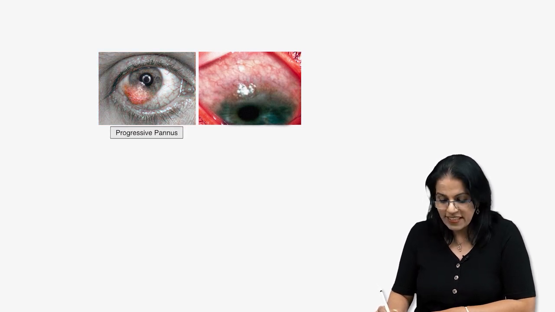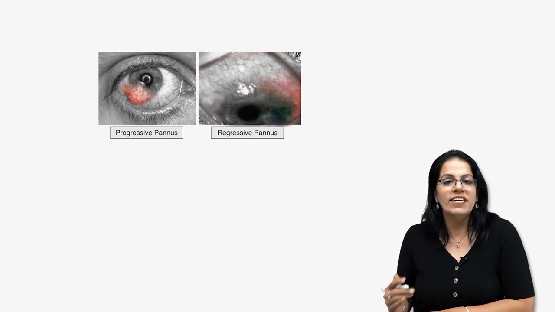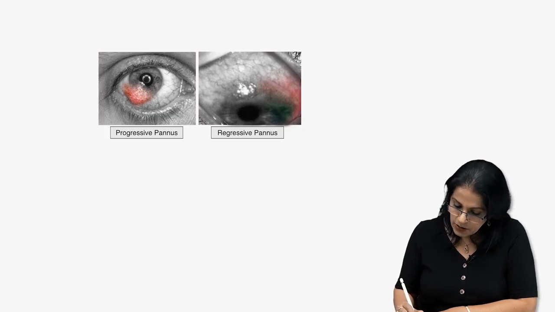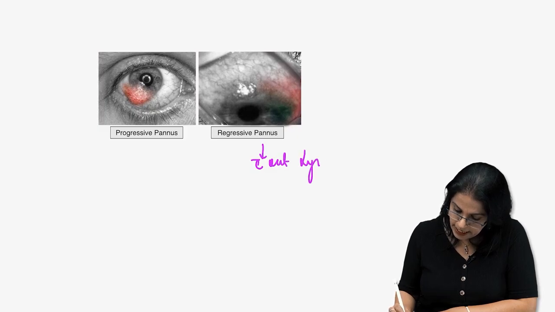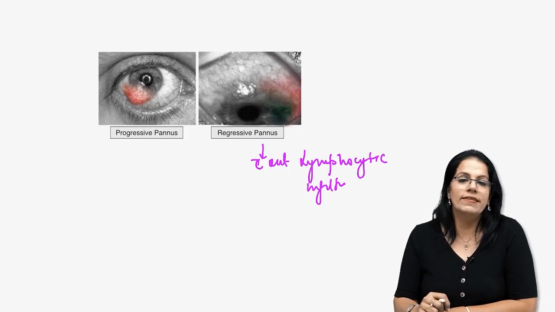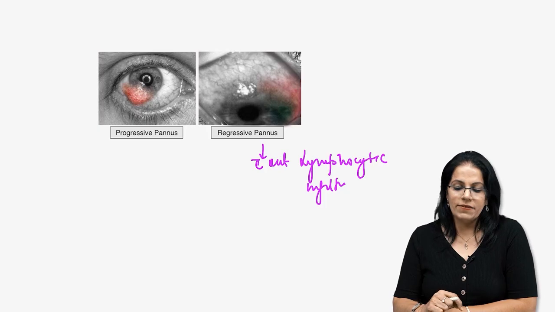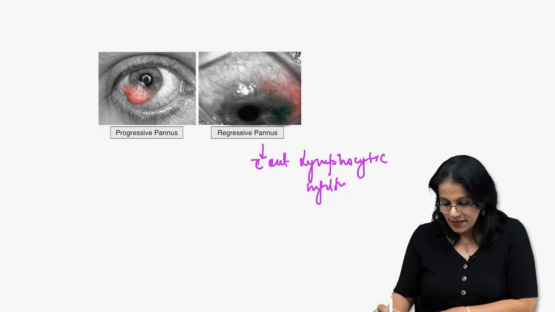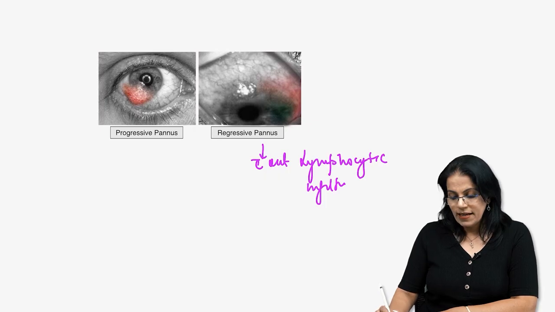But you can get neovascularization without the lymphocytic infiltration, and that is called regressive pannus. In this case, just at the tip you can see a lot of lymphocytes present. Okay, so that was about the active stage.